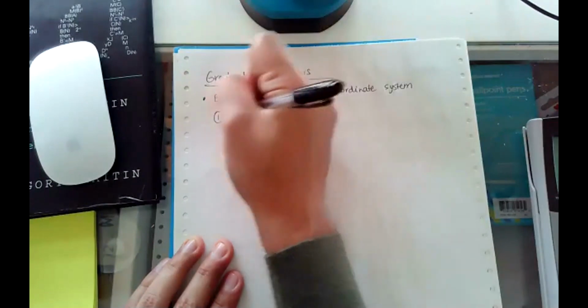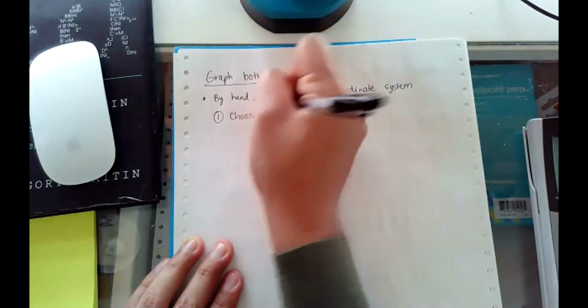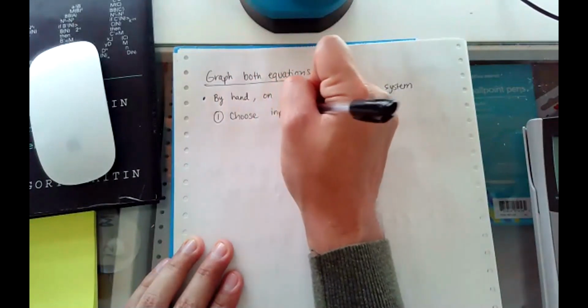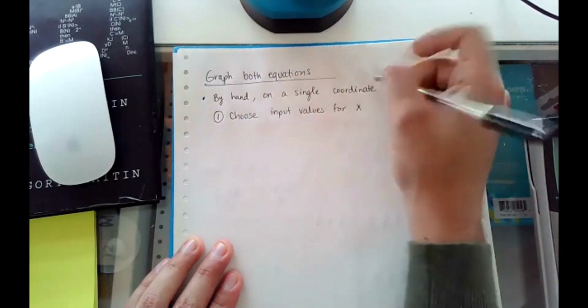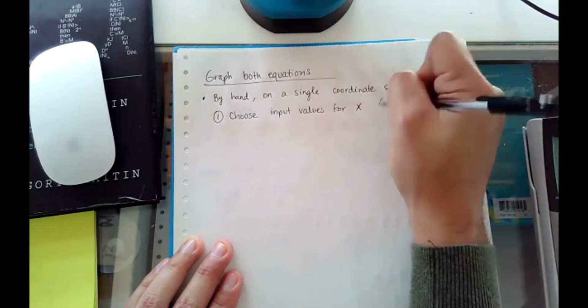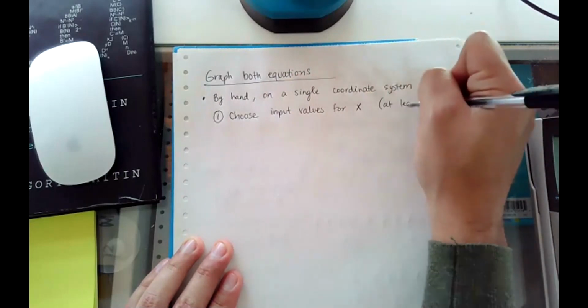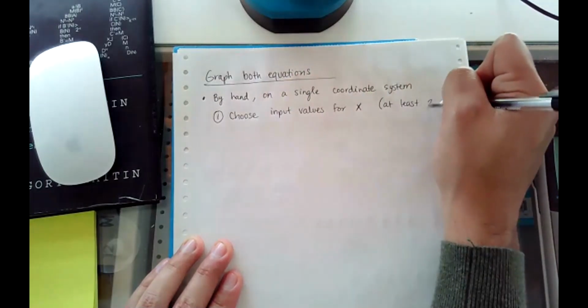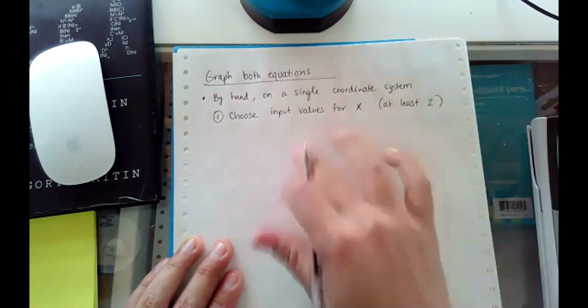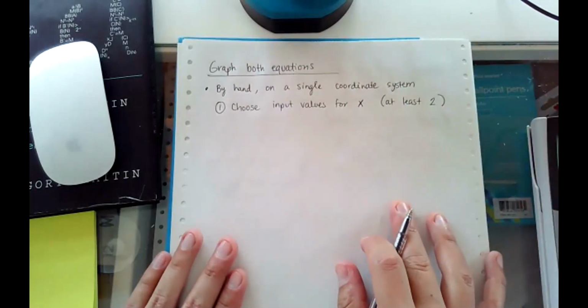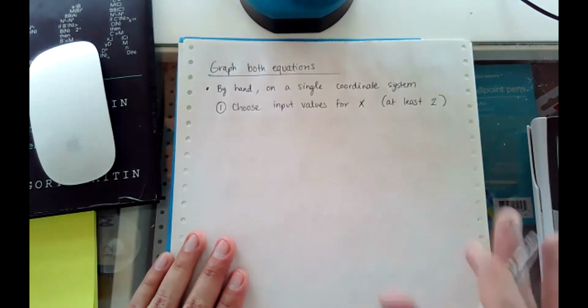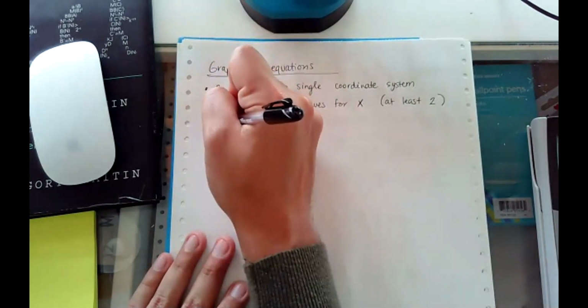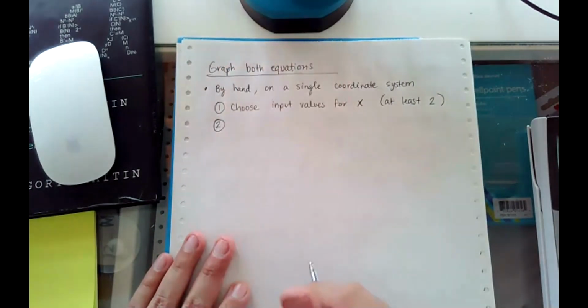You would choose input values for x, at least 2. Doesn't matter what those numbers are. Could be negative, could be positive, could be 0, could be a fraction, could be a decimal, does not matter. You get to choose whatever they are.